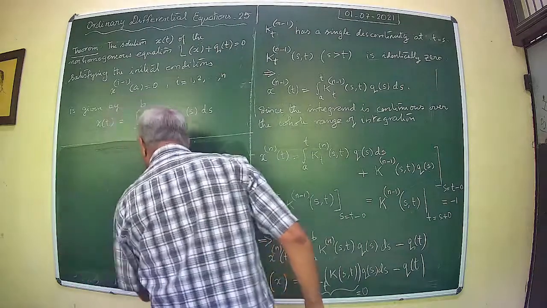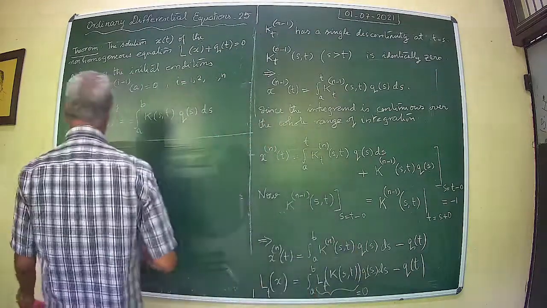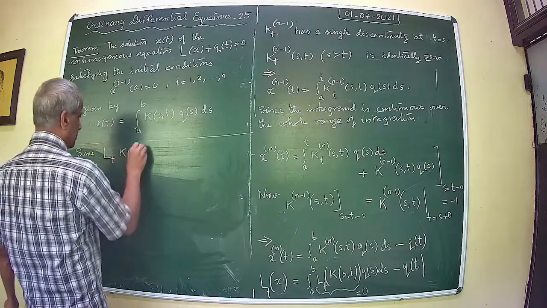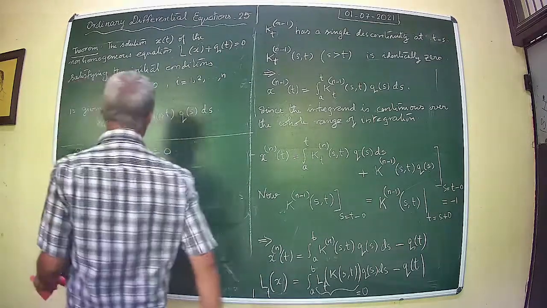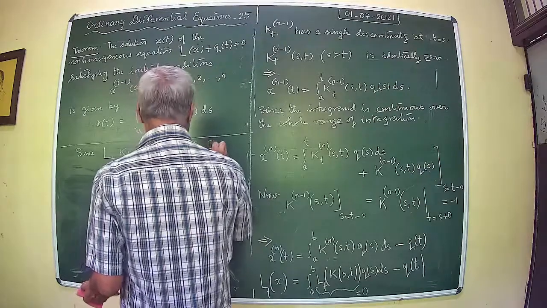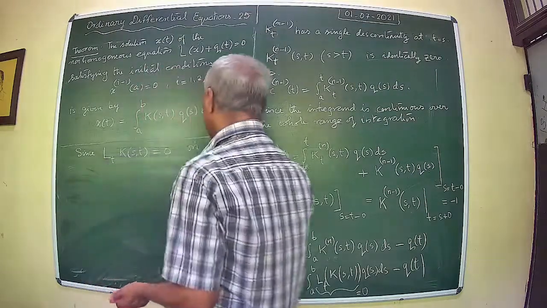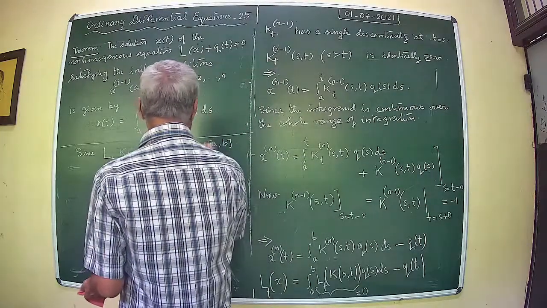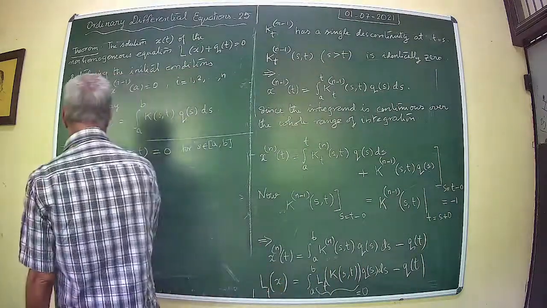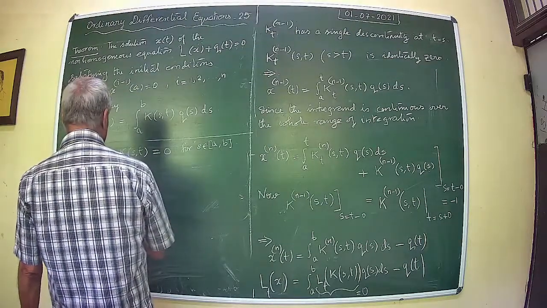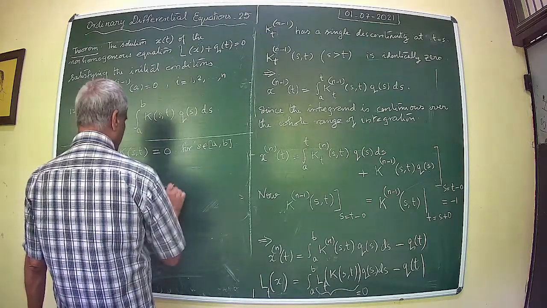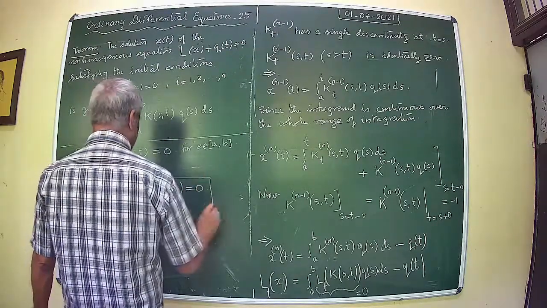Therefore, you get that L_t x is equal to zero for s belonging to (a,b), because it satisfies the equation. Okay, that completes the proof.